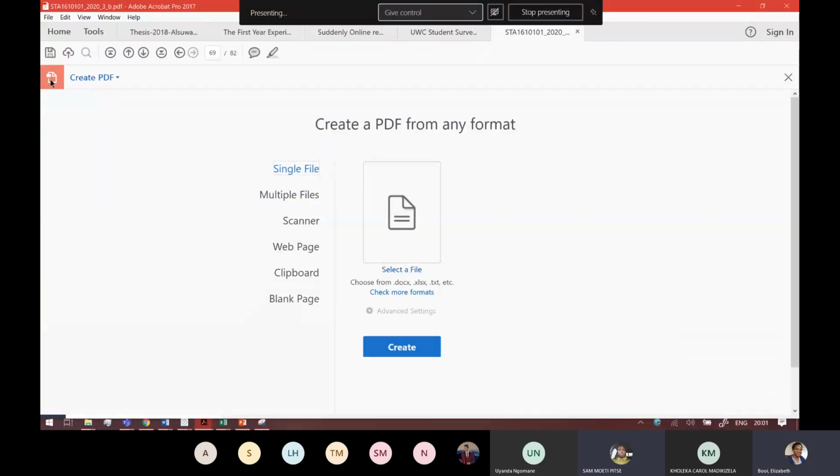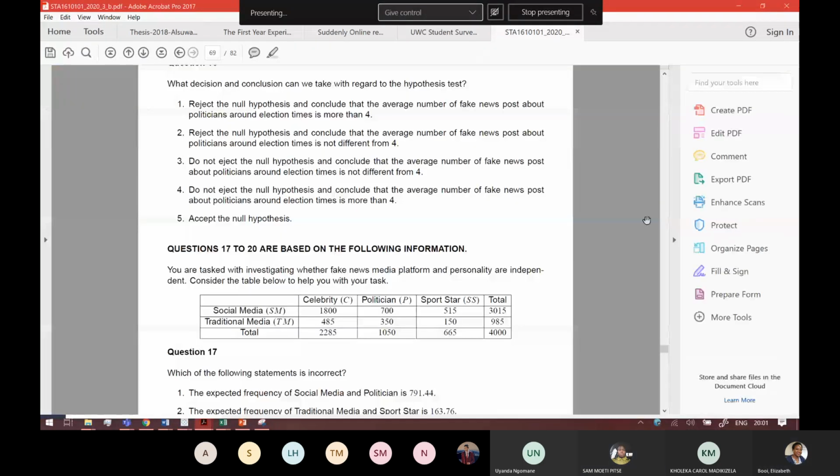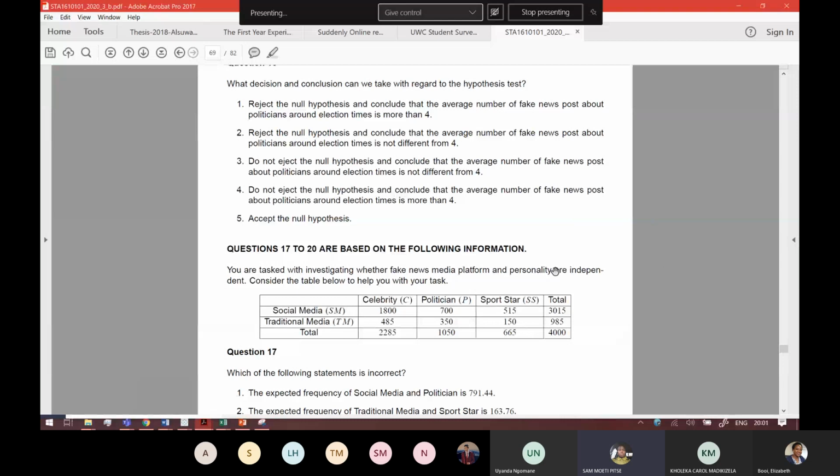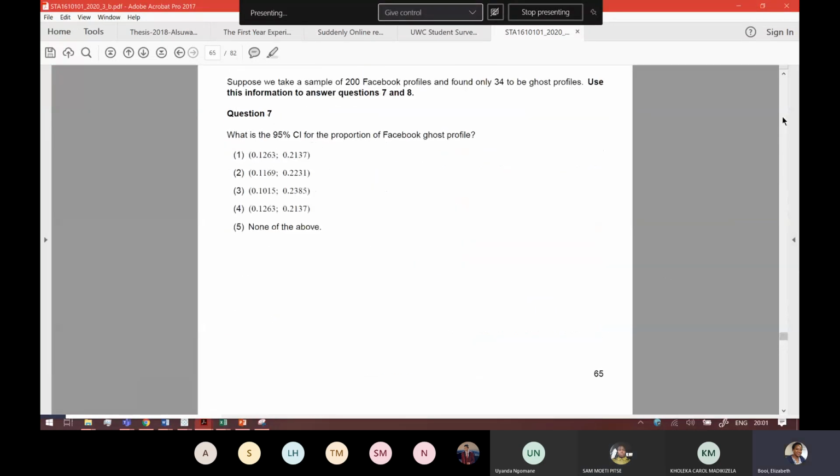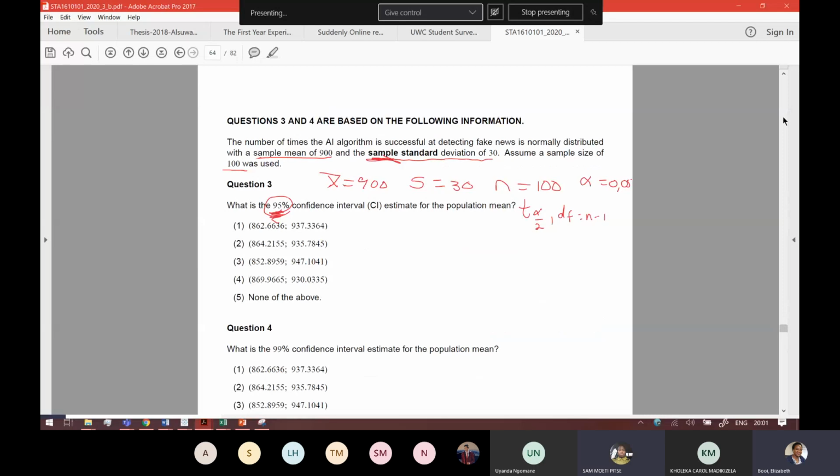Then after you find your critical value, you must calculate t alpha divided by 2 and the degrees of freedom, and s divided by the square root of n.